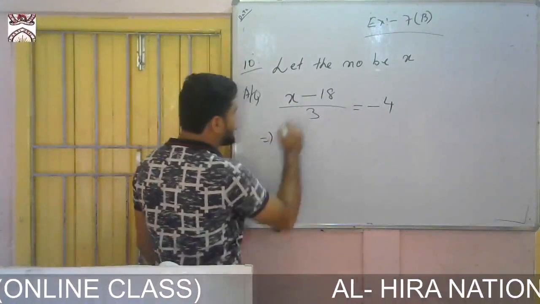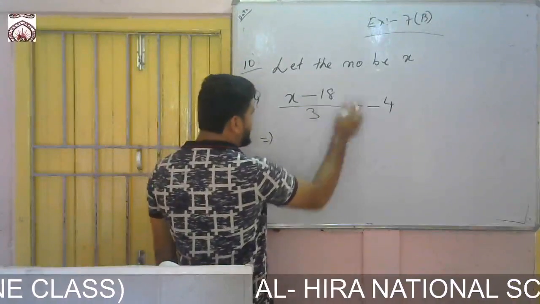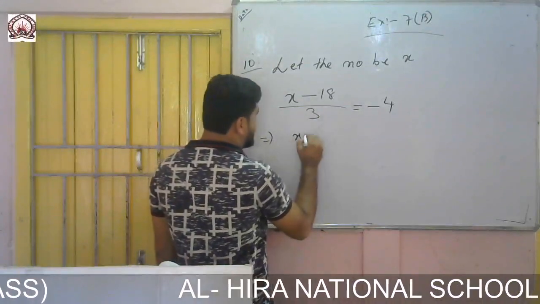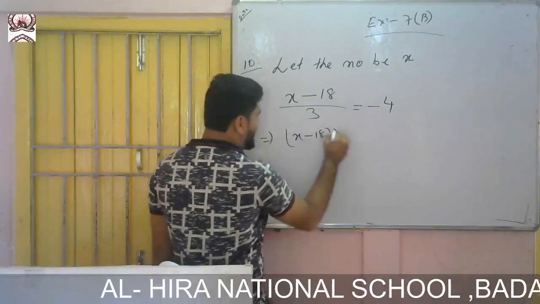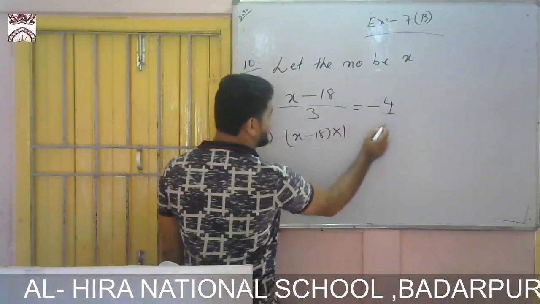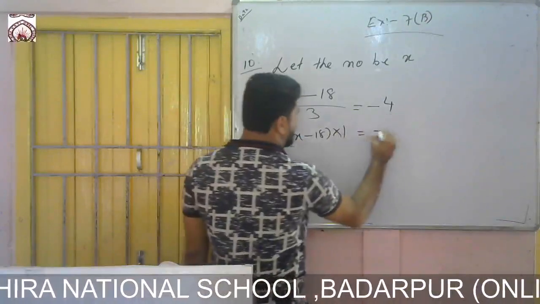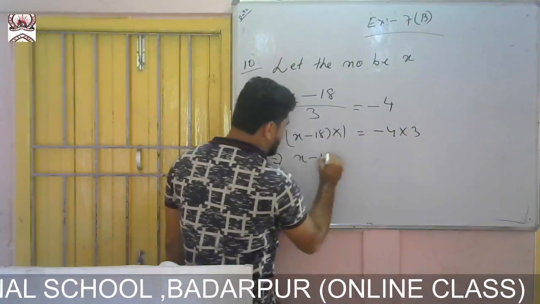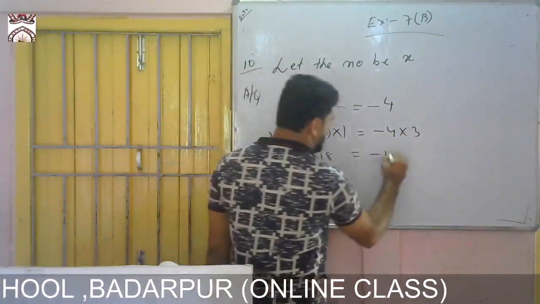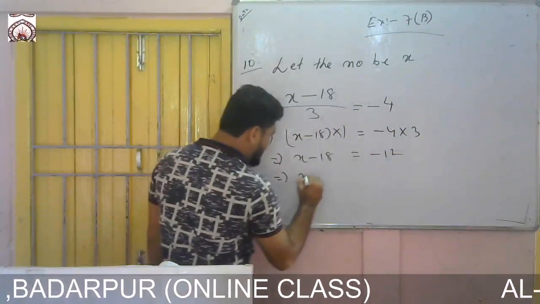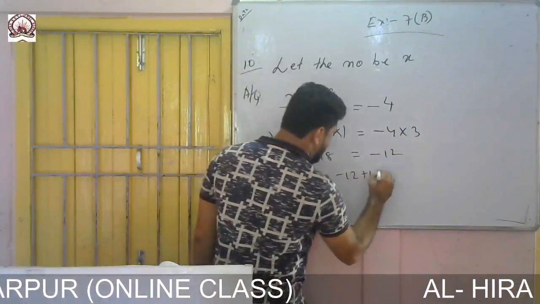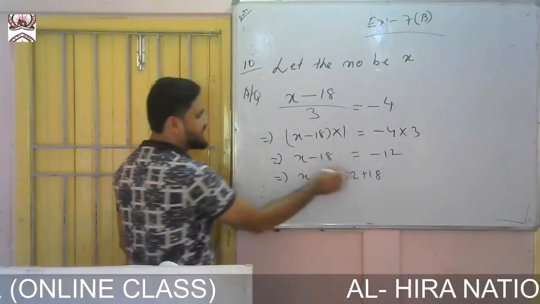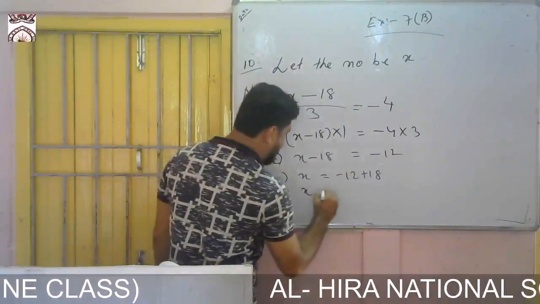So you cross multiply X minus 18 into 1. Here nothing is there, that means 1 is there, and minus 4 into 3. So X minus 18 equals minus 12. Okay, so X equals minus 12 plus 18. By the transposition method I transferred 18 to the right side by changing the sign.